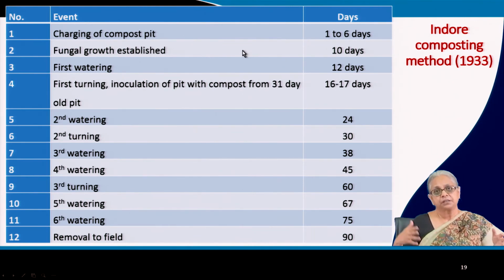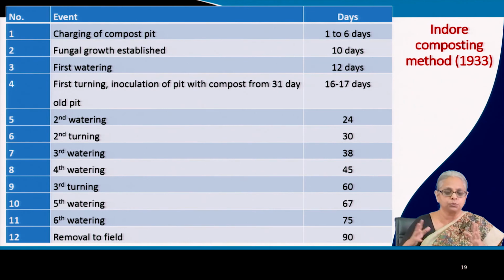During that period, and for another 2-3 days, you allow fungal growth, which is natural. You'll find that happening anytime you try to do this, even in a vessel or any kind of container. So fungal growth will be established within 10 days. And you add some amount of moisture in terms of sprinkling it with water, and that was done at 12 days.